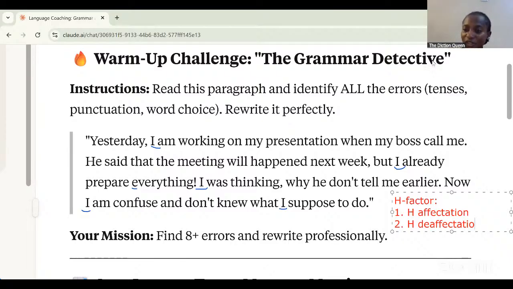H affectation means that when you are pronouncing words that don't have the H sound, you tend to add the H sound to it. While H deaffectation means that when you're pronouncing words that have the H sound, you remove it. Now, the one you are struggling with, or you are experiencing, let me use that word, is H affectation. You tend to add H to words starting with vowel sounds.